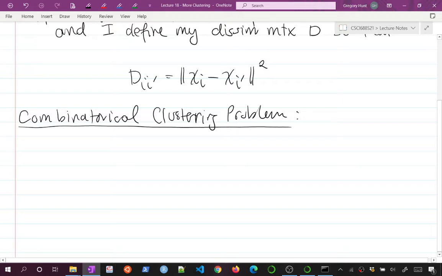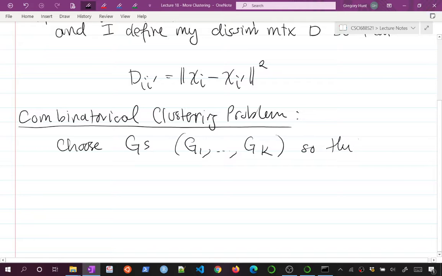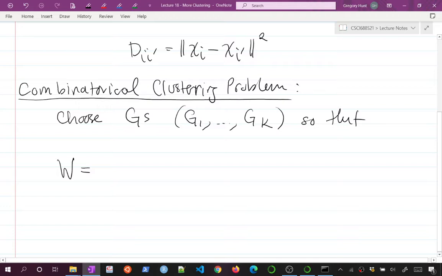But our combinatorial problem is basically we want to choose some G's, that is, some groups or clusters, G1 to G capital K, so that the total within cluster dissimilarity is small. This W is a function of my group assignments.